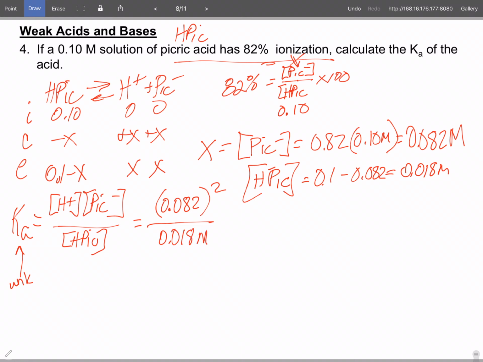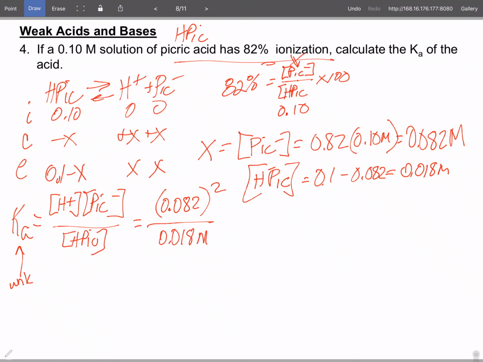Now, at this point in time, I'm looking for a Ka value that's pretty large. So this is still a weak acid, but it's a strong weak acid. And I know that because it's 82% ionized. Remember, you're thinking about ionization. Strong acids and strong bases are 100% ionized. 82 is pretty close.